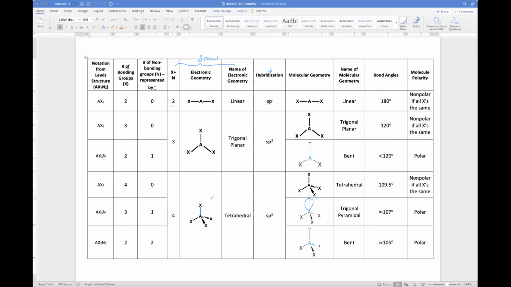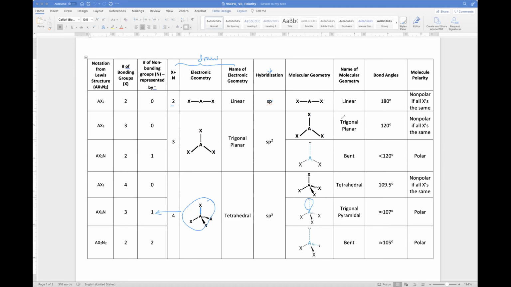So again, I memorized how to draw this, but I then knew that I needed to replace one with a lone pair, so I just did so. In other words, I didn't have to memorize how to draw the trigonal pyramidal structure. I just had to memorize how to get to the tetrahedral, and then to draw the trigonal pyramidal, I would just simply replace one of the bonds with a lone pair.